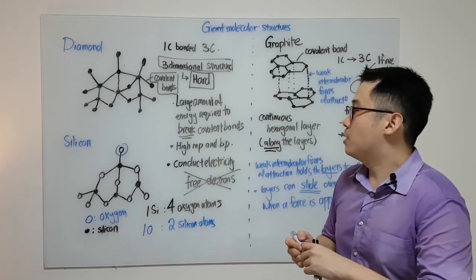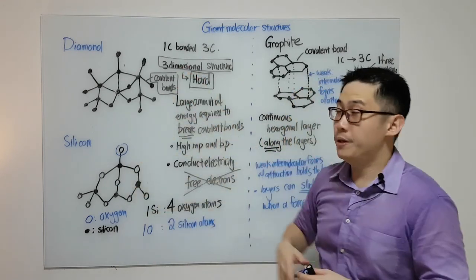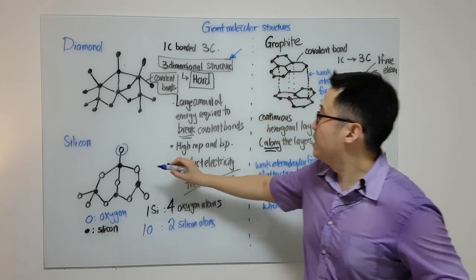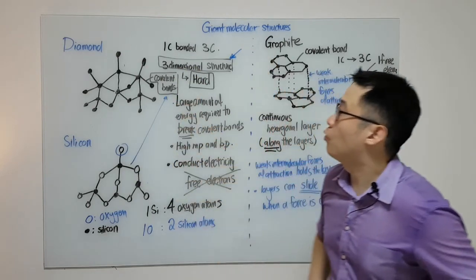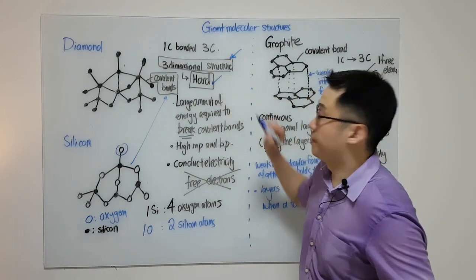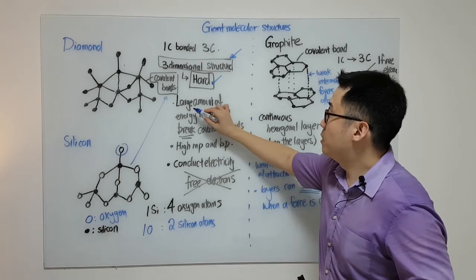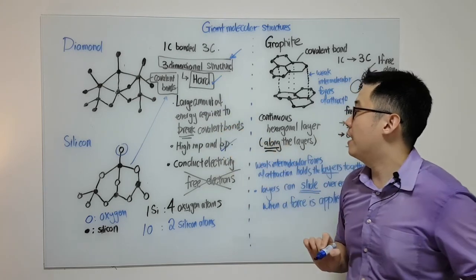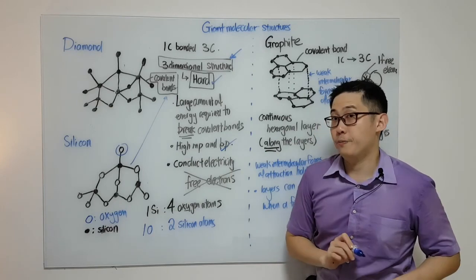So what happens is, as you can see, similar to diamond, it forms a 3-dimensional structure, and these bonds are also covalent bonds. This means that it is going to be hard. Because you need a large amount of energy to break the covalent bonds, it will have a large melting point and boiling point.